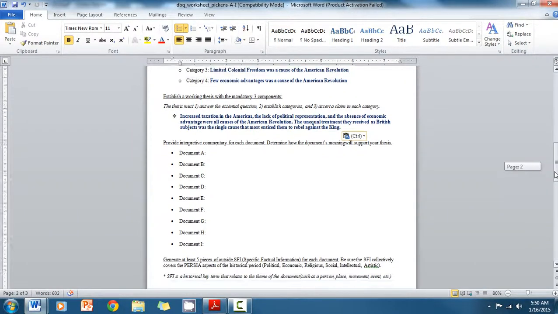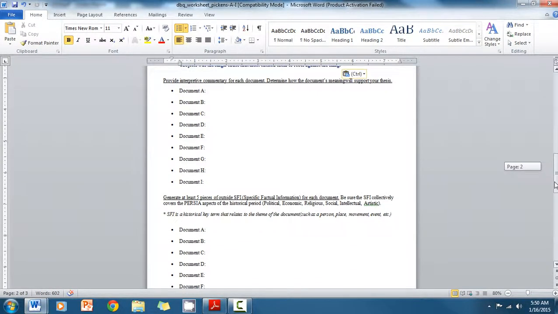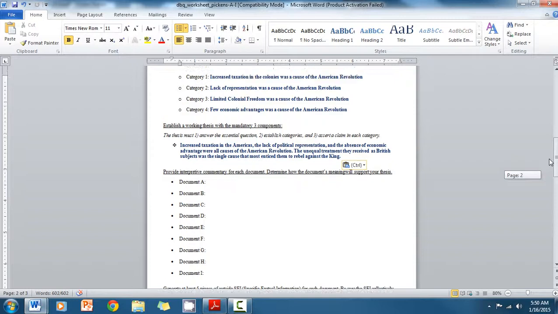And so the next part is you provide interpretive commentary. What that means is after you have crafted the thesis, you are going back and explaining how the document now supports your thesis or the primary claim that you're making. What in the document supports the thesis. And this has a lot of because.